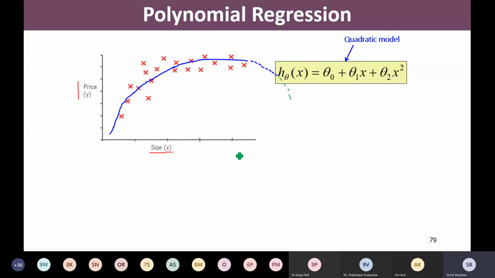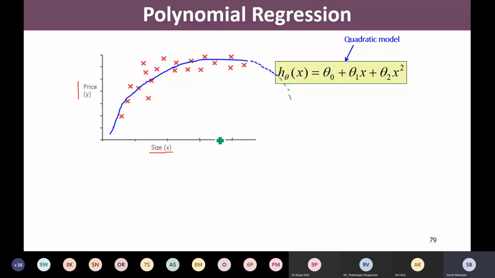But it is rarely possible that if the size of my house goes on increasing, the price goes on decreasing, right? It will rarely happen, or even I think it may not happen, that if the land size or the size of my house goes on increasing, then the price declines.